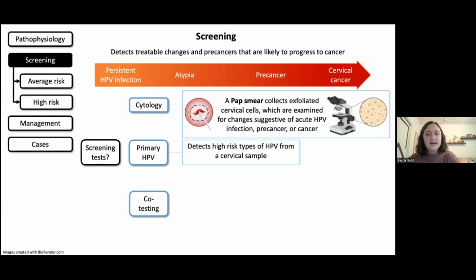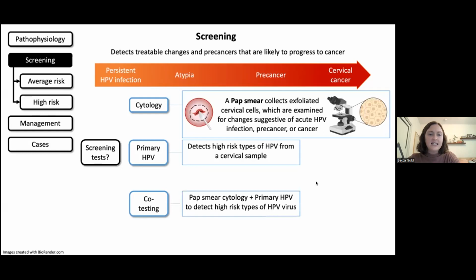And most of these tests are further able to genotype the sample to identify if it's HPV 16, 18, or an other high-risk genotype. And then finally, co-testing is when pap smear cytology and a primary HPV test are performed at the same time to detect high-risk forms of HPV.